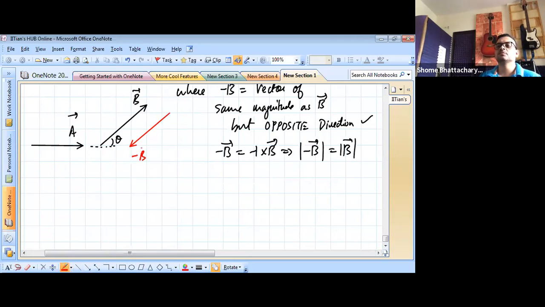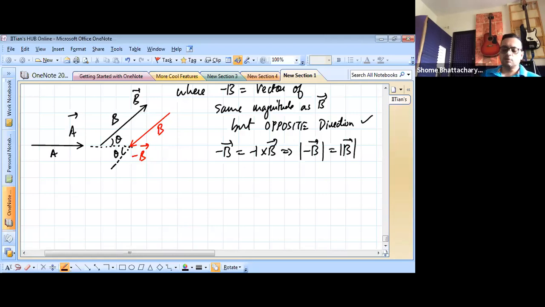So this will be the vector minus B. It should be the same length as the vector B was. So this arrow should have the same length, but it should be exactly in the opposite direction. So it should be pointing in a direction like this, where this angle is theta.